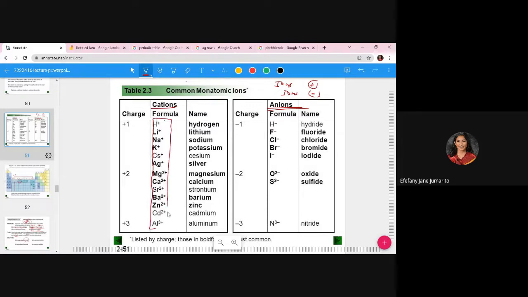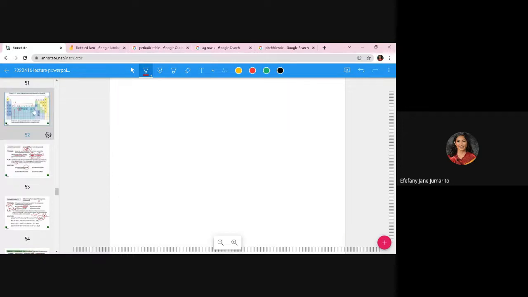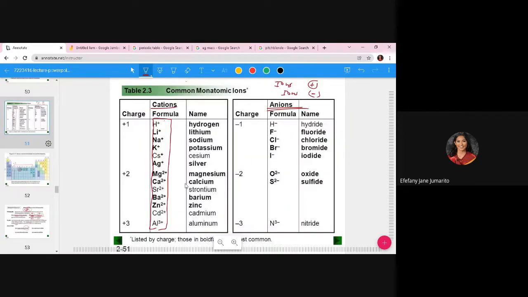We have examples of cations here. Now, take a look at the charges. Is it the same as what we saw earlier in the periodic table? We have Mg, Mg2 plus. Then we also have sodium, Na plus, positive 1.